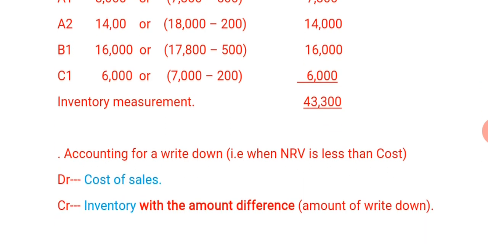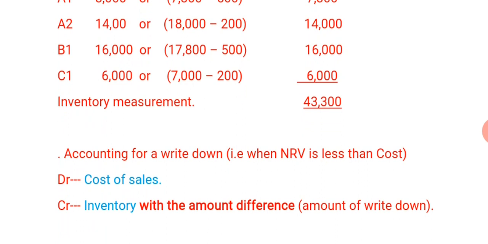Now we have accounting for a write down. There's a write down when net realizable value is less than cost. And when net realizable value is less than cost, you use net realizable value to value your inventory. So you debit cost of sales and you credit inventory.